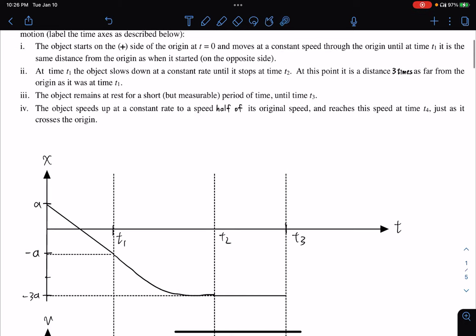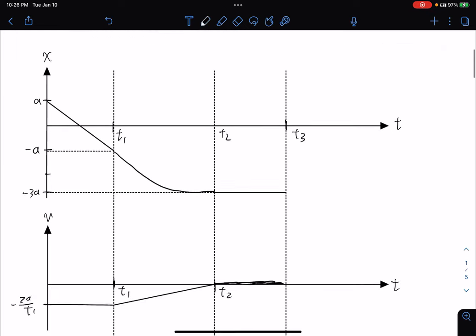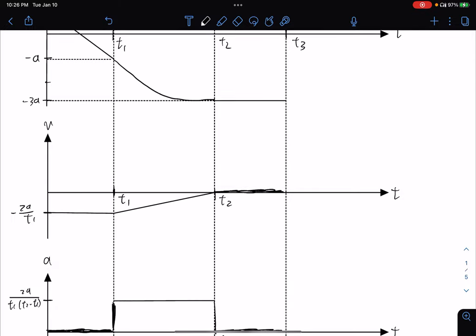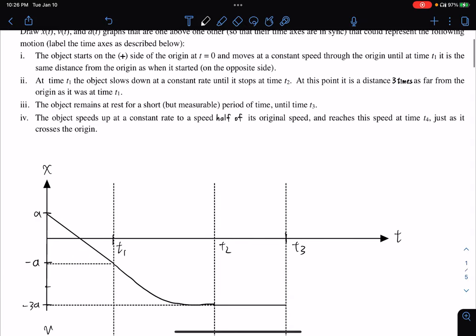At the end, the object speeds up at a constant rate to a speed half of its original speed. So the speed will go up to a speed that is only half of its original speed, and it will reach the origin, or it will cross the origin.